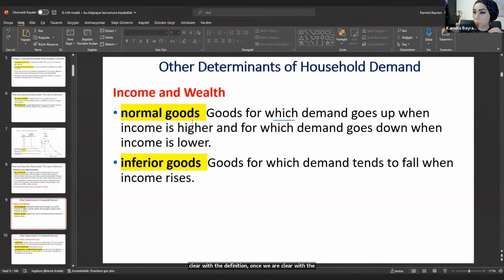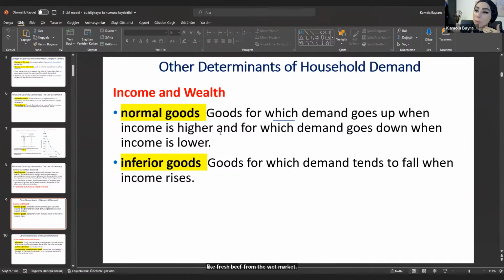So normal goods are defined as goods for which demand goes up when income is higher, and for which demand goes down when income is lower. We can give examples from outfits, or from nutrition. For example, you buy fresh beef from the wet market, and on the other hand you have frozen meat.